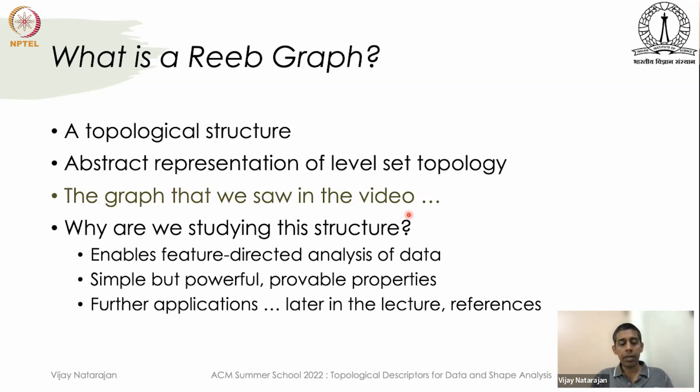Its method is very simple, but it turns out to be quite powerful, and it has a lot of nice properties. In terms of applications, we will see later in the lecture that it has a wide variety of applications, both in terms of application domains, and in terms of the different tasks that it supports.